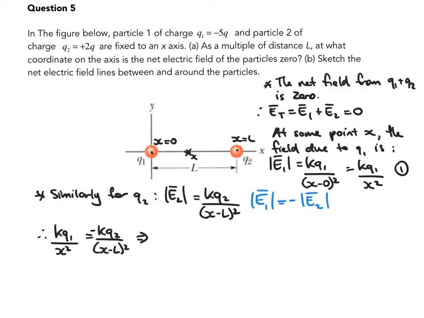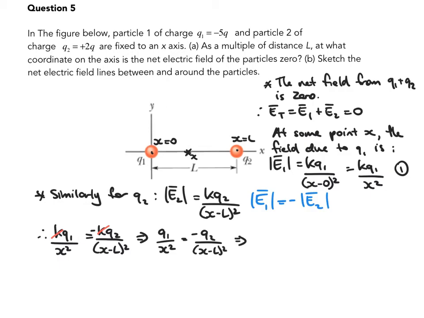We're going to get rid of our k's there. We're trying to find a value for x here. That's what we're trying to solve. So we get Q1 over x squared equals negative Q2 over x minus L squared.